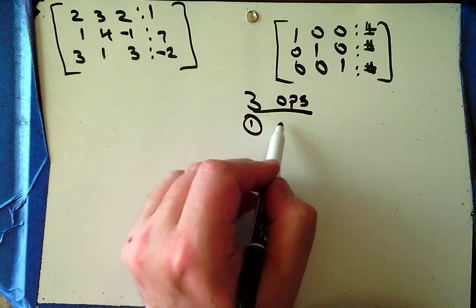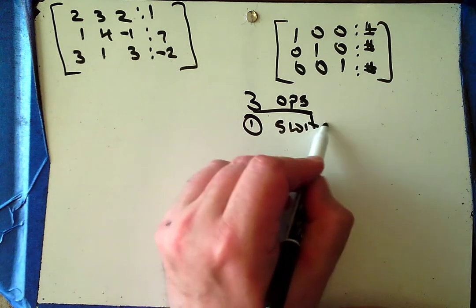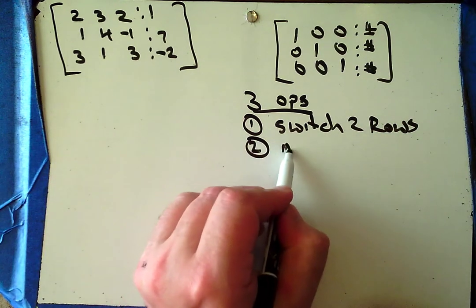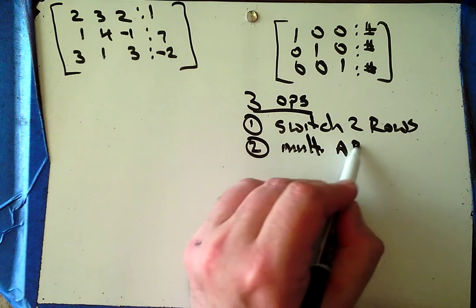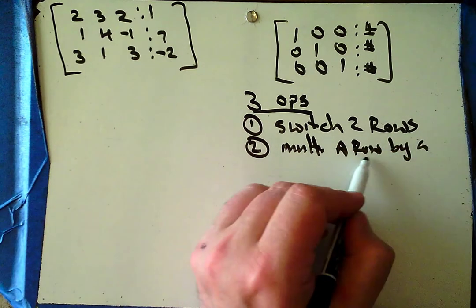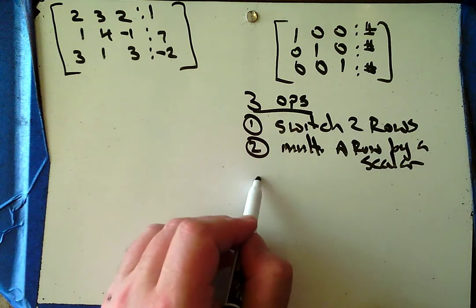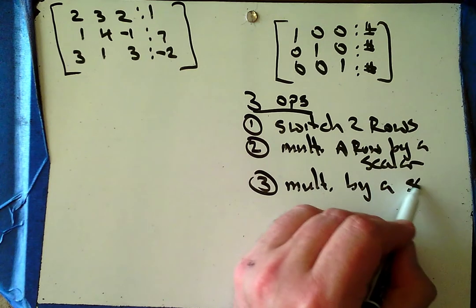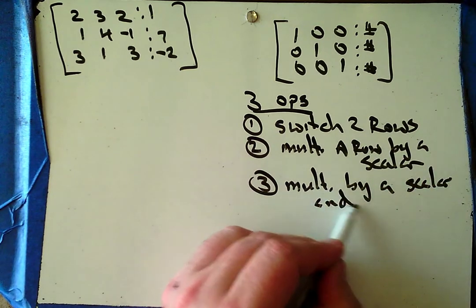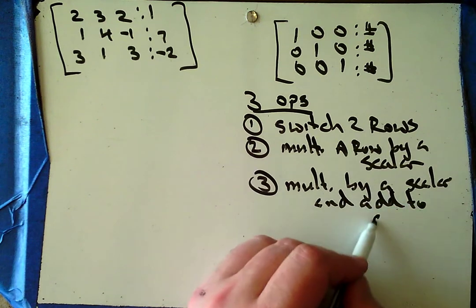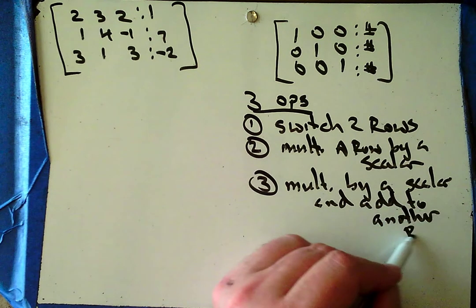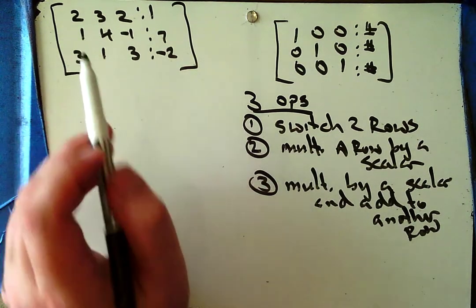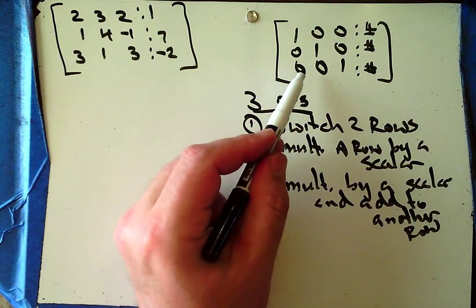And those 3 operations are: 1, we can switch 2 rows. 2, we can multiply a row by a scalar. And 3, we can multiply by a scalar and add to another row. And so using only these 3 operations, we're going to turn this into that.